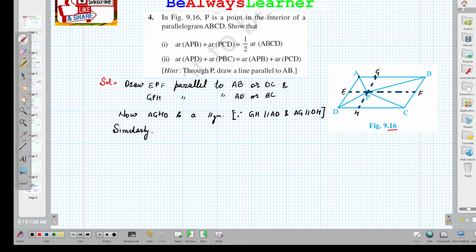Similarly, we are having the parallelogram that is HCBG. Why is it so? Is a parallelogram. इसका भी अगर हम रीजन लिखें तो क्या लिखेंगे कि this GB is parallel to HC, right?